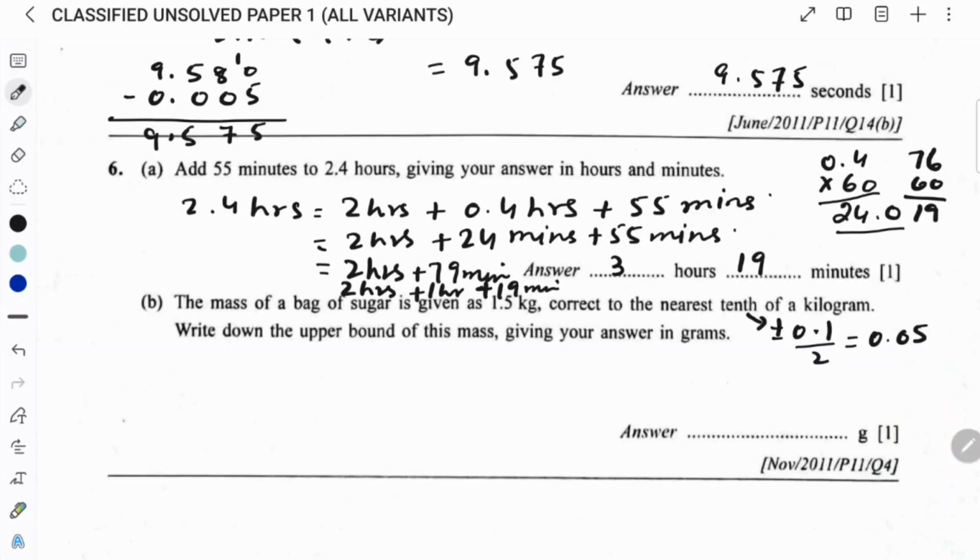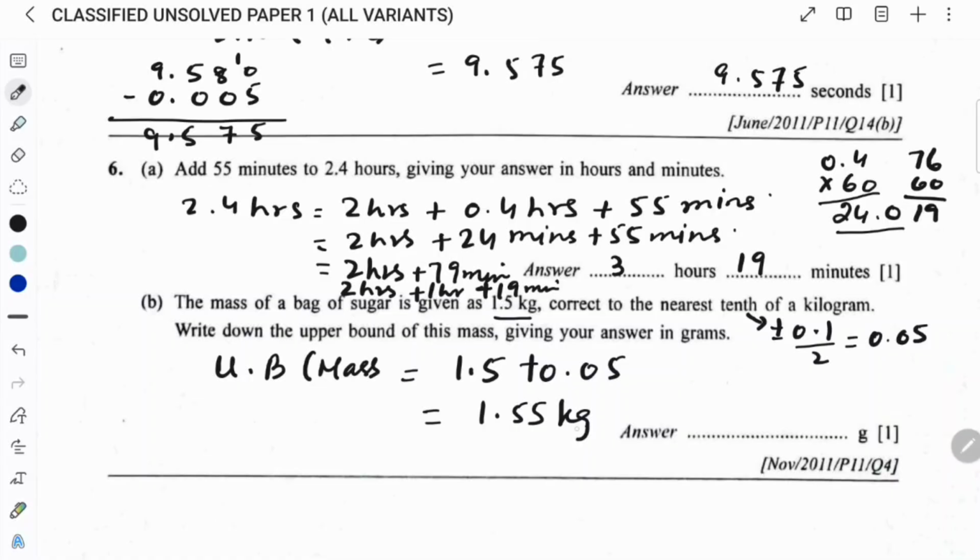First find it in kg. The upper bound is 1.5 kg plus 0.05, which is 1.55 kg. Kg into grams, you multiply by 1000, so 1550 grams is the answer.